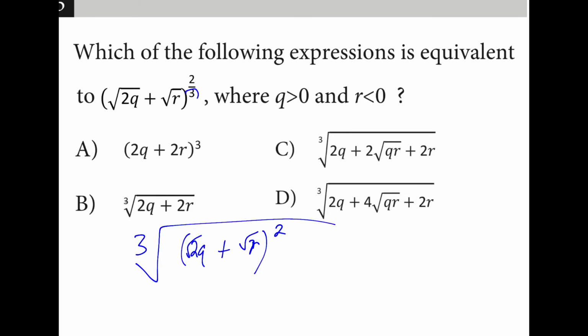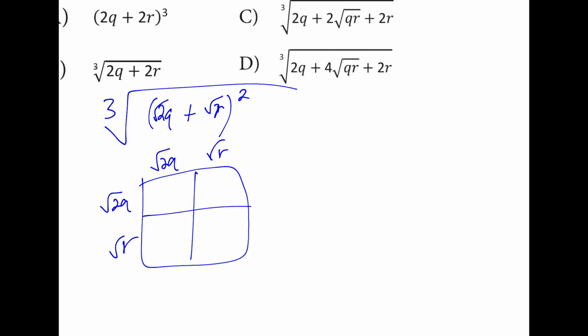So the first thing we do is take the cube root of this whole expression squared. So I'll then expand this, and this gives me 2q, this gives me r, this gives me root 2qr.